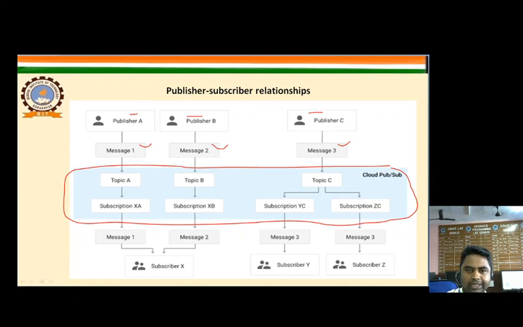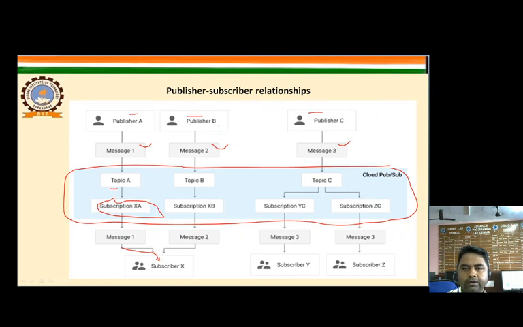When publisher A has a message with topic A, this is the topic A for publisher A, which has message 1, and it has a subscription XA, and this subscription XA has message 1, and this is subscriber X.